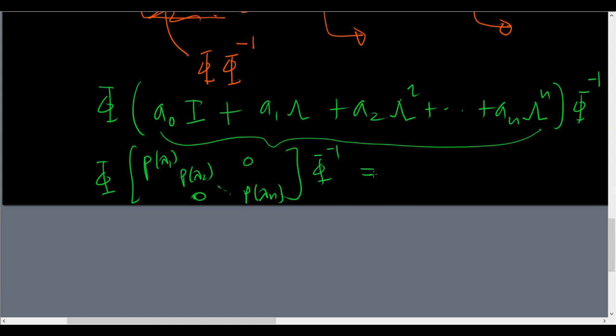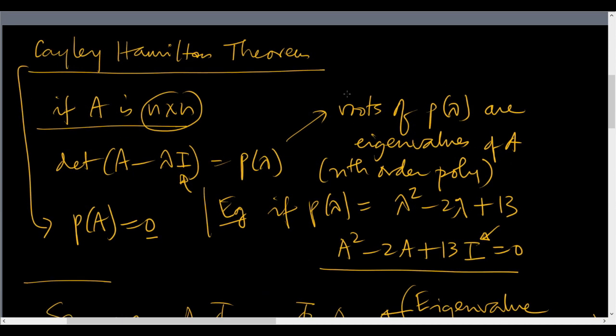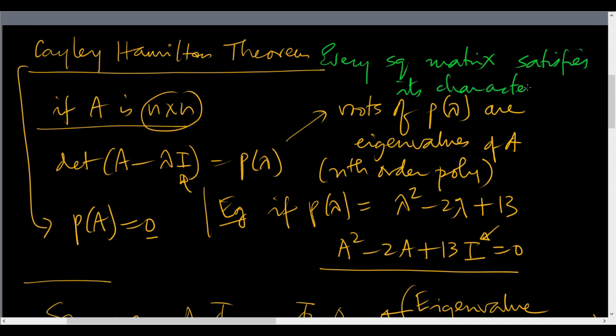And that is equal to phi times all 0 times phi inverse, because in fact these lambdas are the roots of the characteristic polynomial. It is for this reason that every square matrix satisfies its characteristic polynomial.